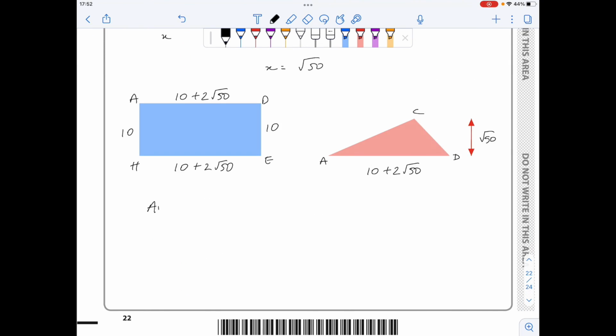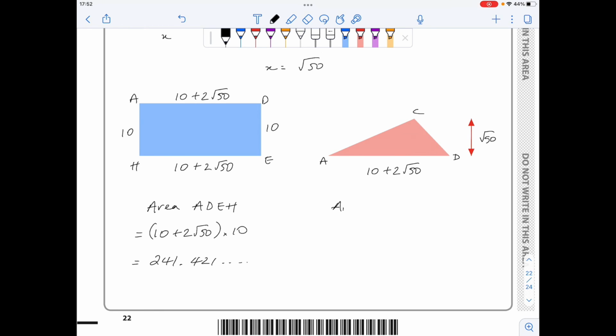So the area of rectangle ADEH is equal to 10 plus 2 square root of 50 times 10, which is equal to 241.421 and so on.